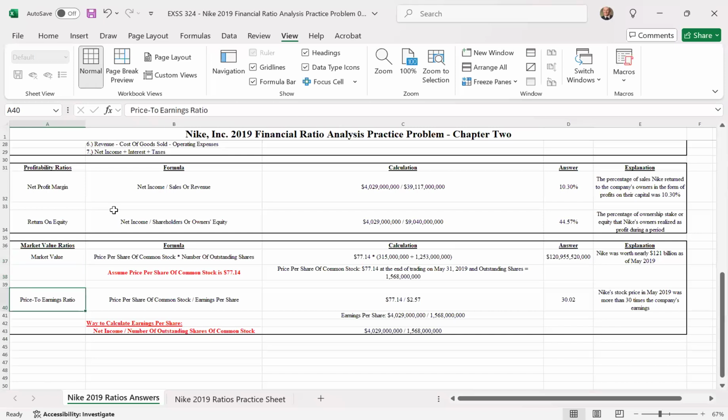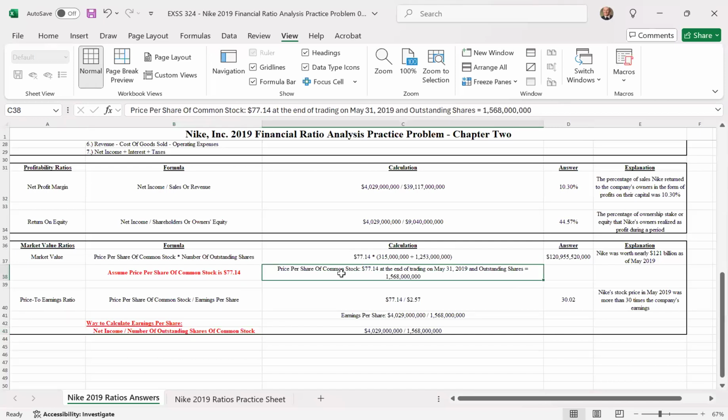And last but not least, we're going to look at our price to earnings ratio. Once again, it's going to be price per share of common stock divided by our earnings per share. So we know what our price per share of common stock is because I've provided it for you, and that's going to be the 77.14. But now we have to calculate our earnings per share. So the way we're going to calculate our earnings per share is as follows. We're going to take the net income, which we get from the income statement, and divide it by the number of outstanding shares of common stock, which we used in our market value ratio up here.